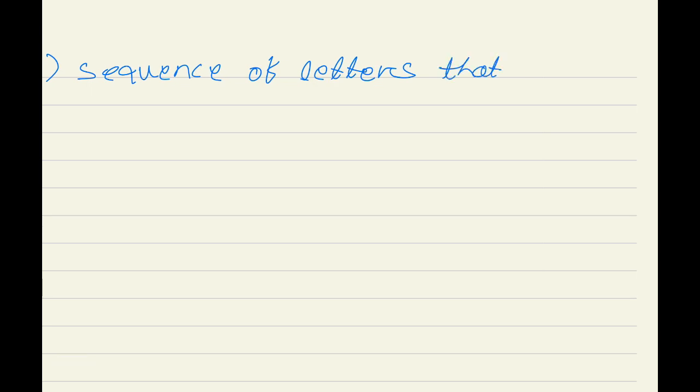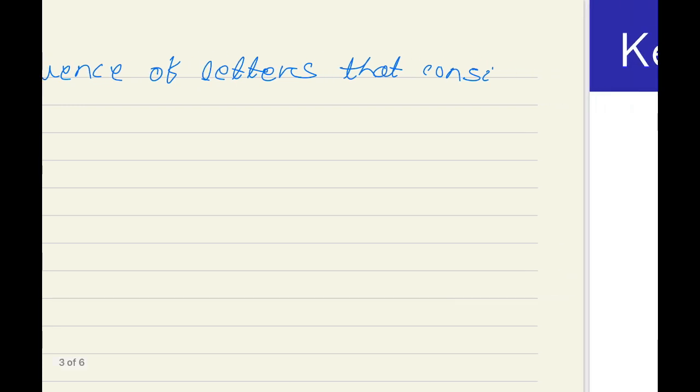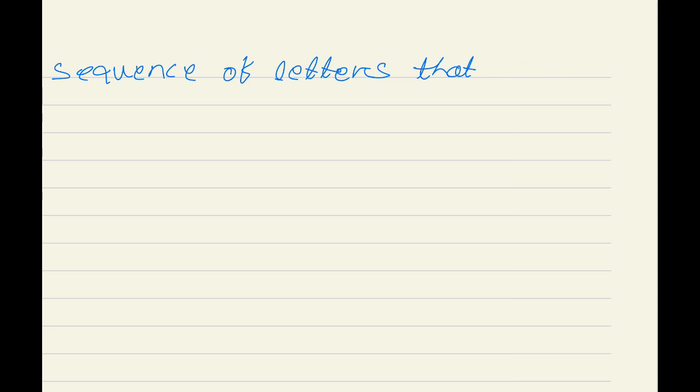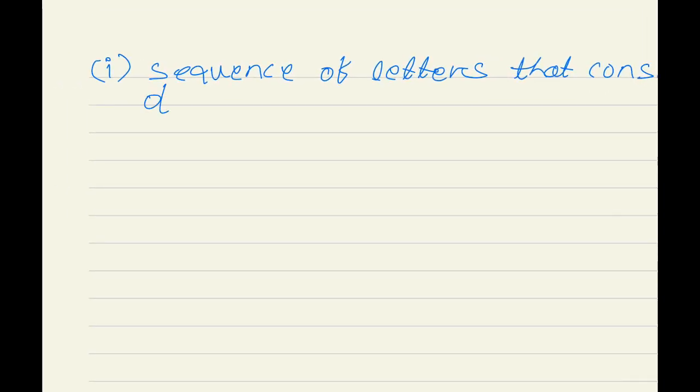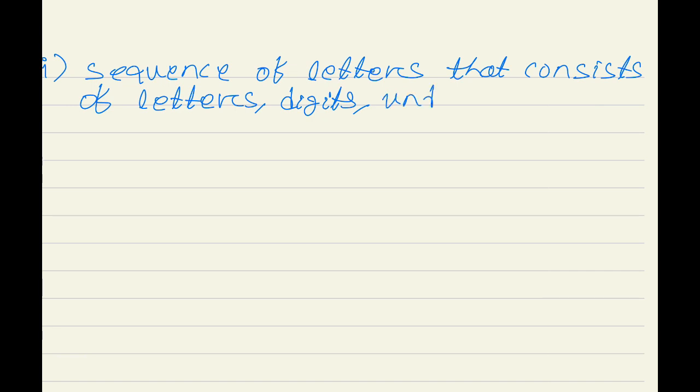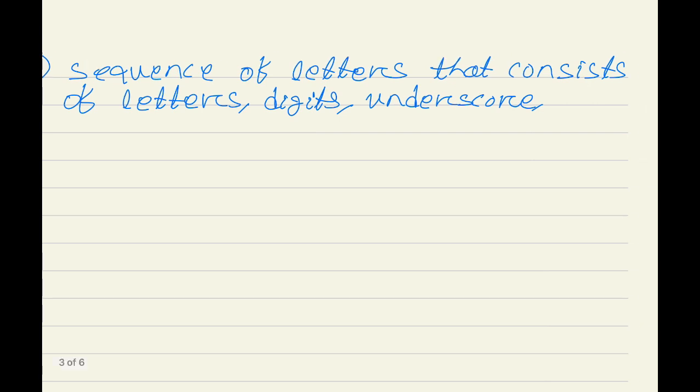The first rule is an identifier is a sequence of characters that consists of letters, digits, underscore and dollar sign.